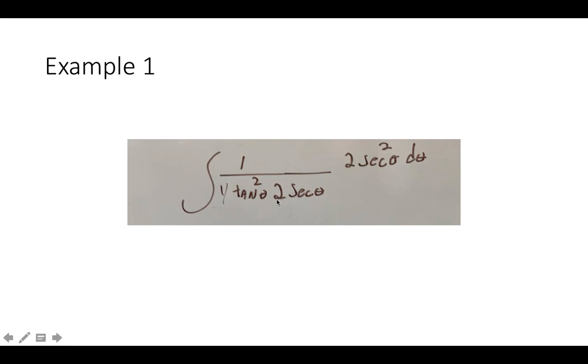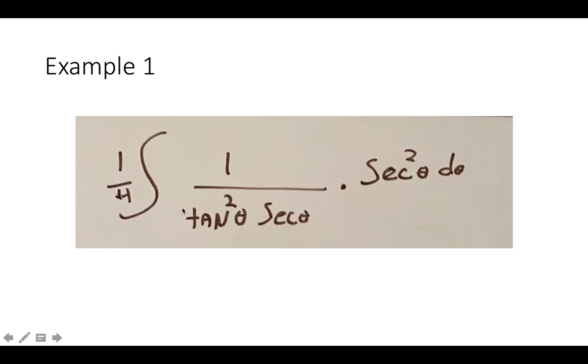Actually, I'll go slower. The first step I'll do is cross these first twos out and pull the 1/4 out.